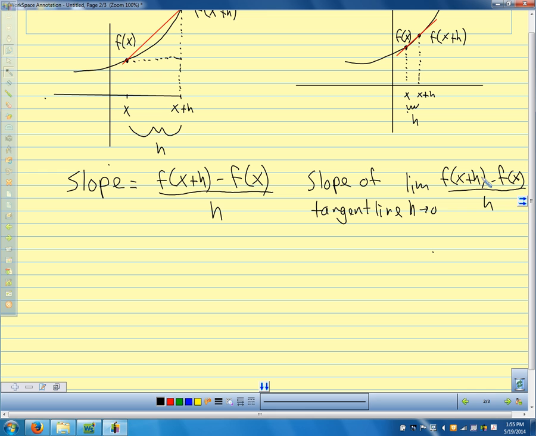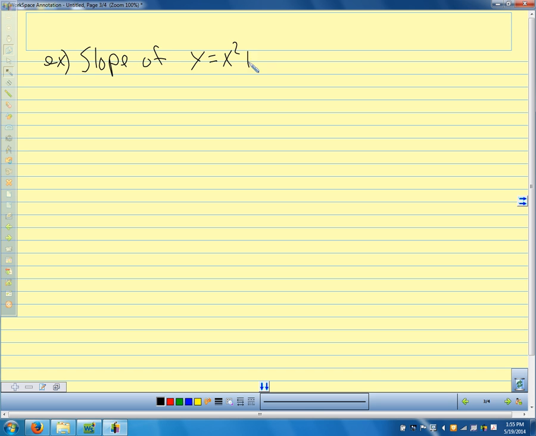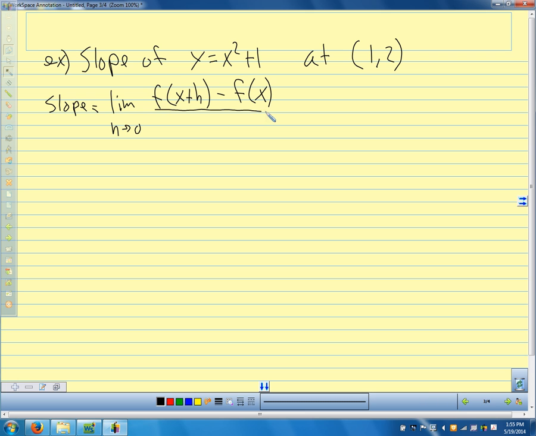All right. So let's do some calculation. We want the slope of the graph of y equals x squared plus 1 at the point (1, 2). So our slope is given by this limit: the limit as h approaches 0 of f of x plus h minus f of x, that's our rise, over our run, h.